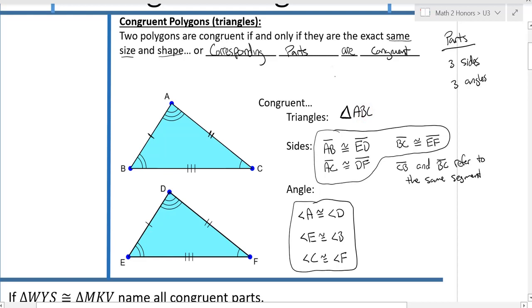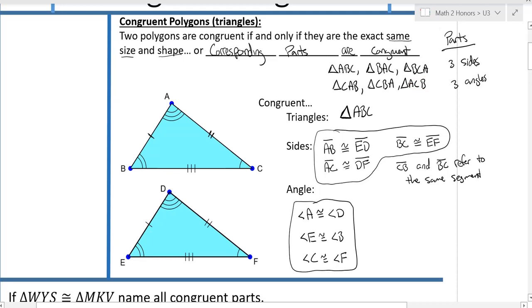or we could also say triangle ABC, triangle BAC, triangle BCA, triangle CAB. There's just different ways to name the same triangle, and I'm just trying to go through all the different ways here.